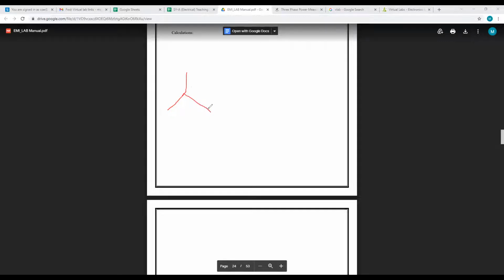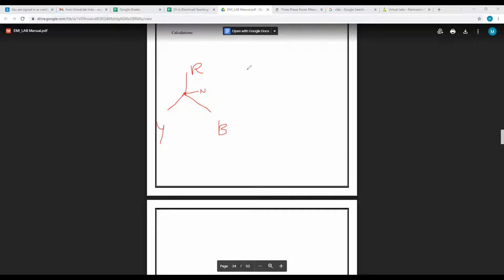Star connection will be like this. This one is R, this one Y and B; this is the star connection. It has 4 terminals, the 4th one we call neutral.